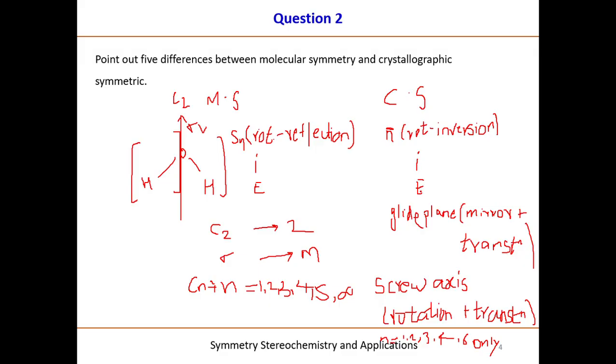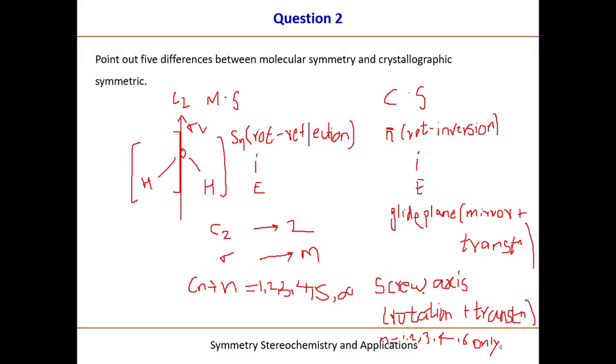Another difference is that crystallographic symmetry contains a glide plane. A glide plane means a mirror plane plus translation. One more element is present, called the screw axis. A screw axis is nothing but rotation plus translation.